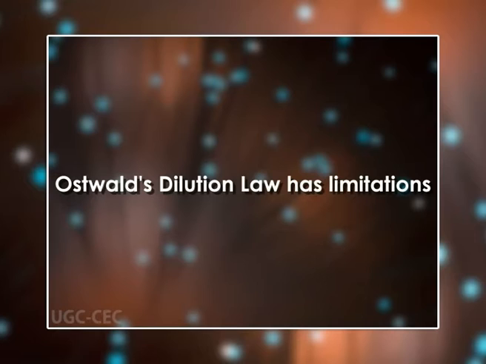Ostwald's dilution law is not applicable for every electrolyte and every electrolytic solution. We have limitations of Ostwald's dilution law. The law holds good only for weak electrolytes and fails completely in the case of strong electrolytes.